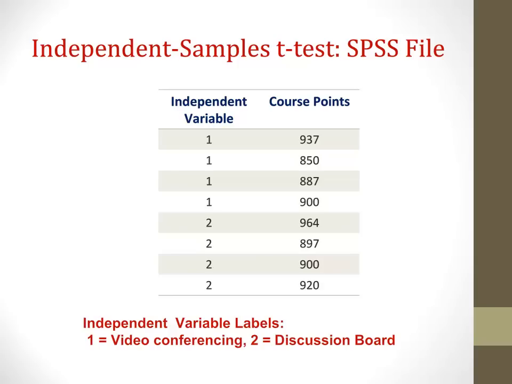In the variable view dialog box, you can label the results. So 1 can be treatment, 2 can be control, or 1 can be video conferencing, 2 can be discussion board. That's whenever you bring up the variable view in SPSS, and when we get into SPSS, you can look more at that.